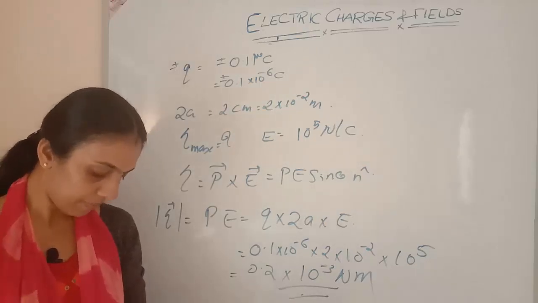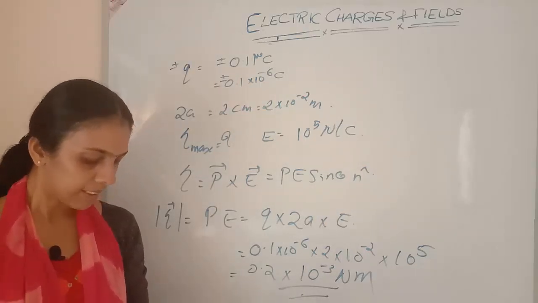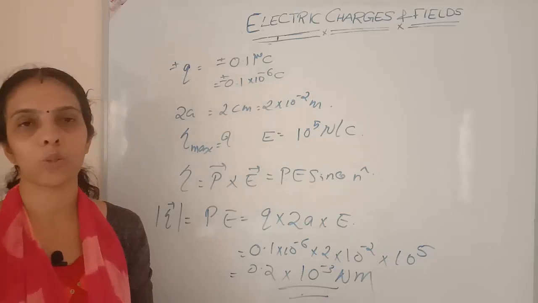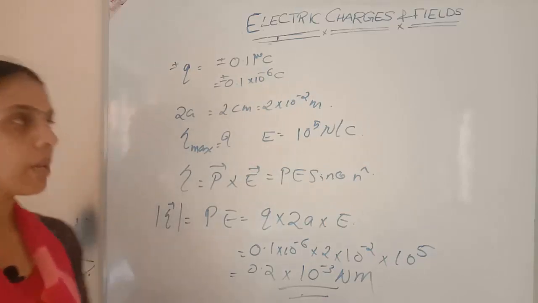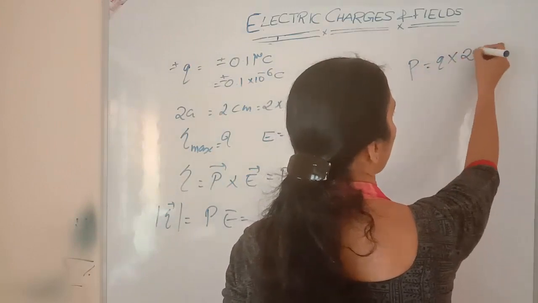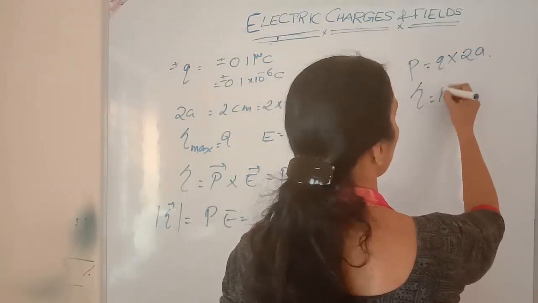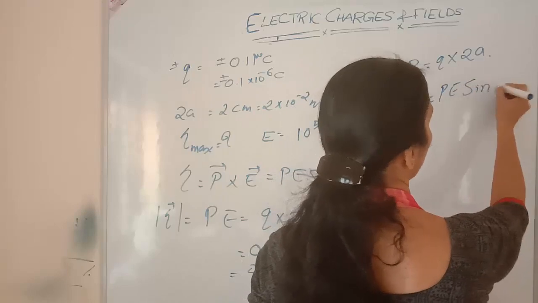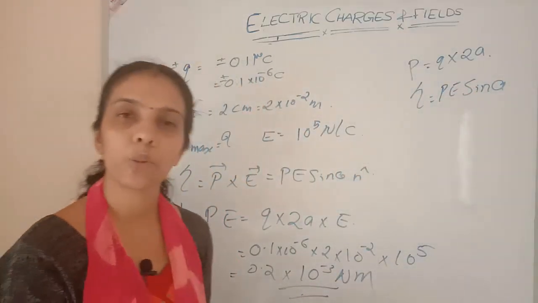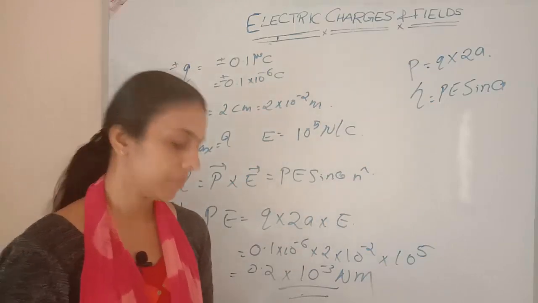So the charge of the electron is given, the separation 2a is given, the electric field is given, and the angle theta is also given. So we can find the dipole moment P equals Q into 2a. Then torque equals PE sin theta. P is given, E is given, theta is given as 30 degree. So those questions you can all do.